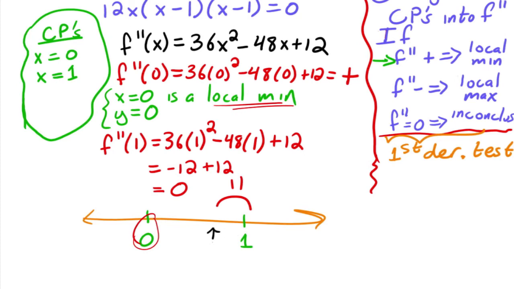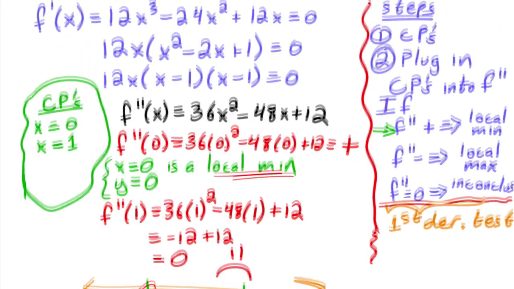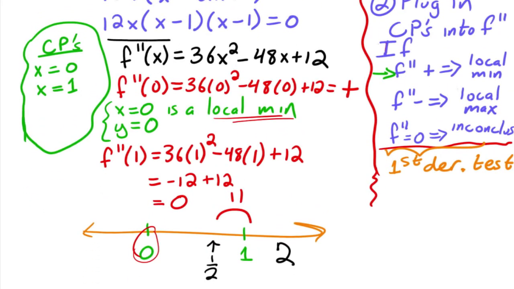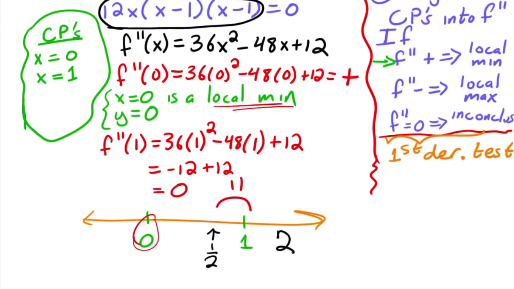So I'm going to pick 2 points. I'm going to pick 1/2 and 2 to plug in. And now here, these I'm going to plug into the first derivative. Okay, so the first derivative, I'm just going to use this one right here.